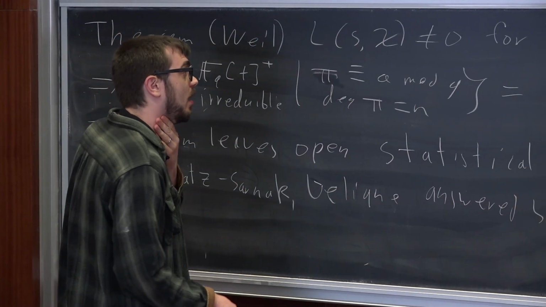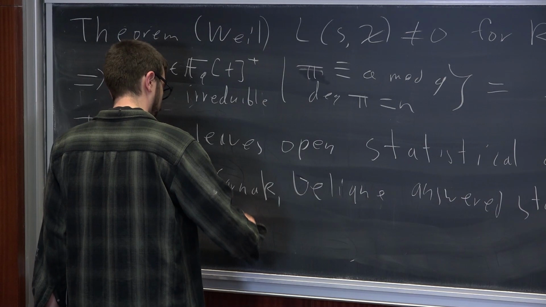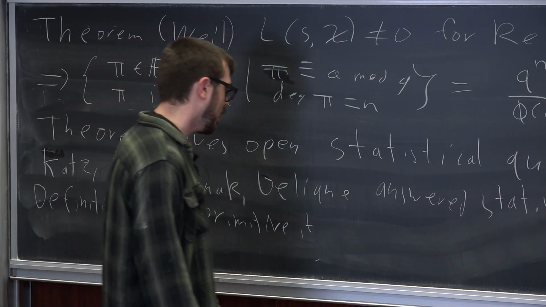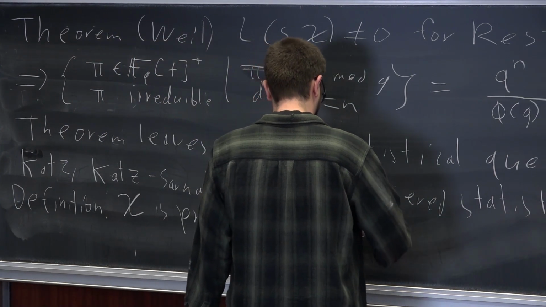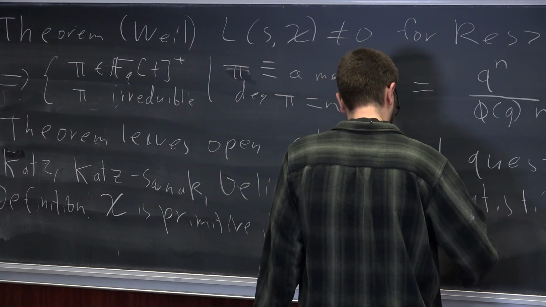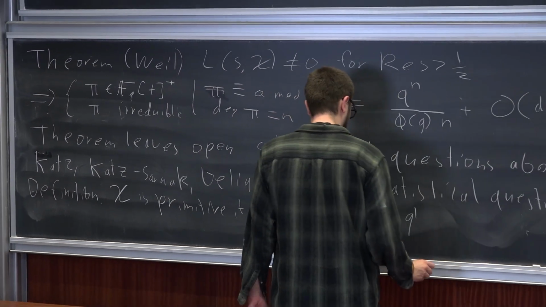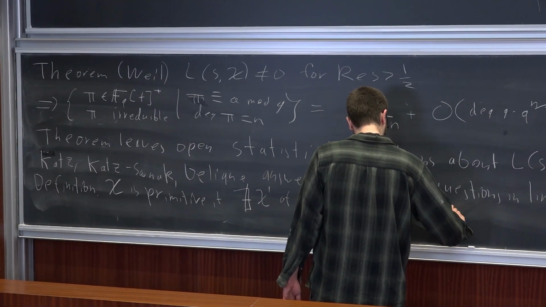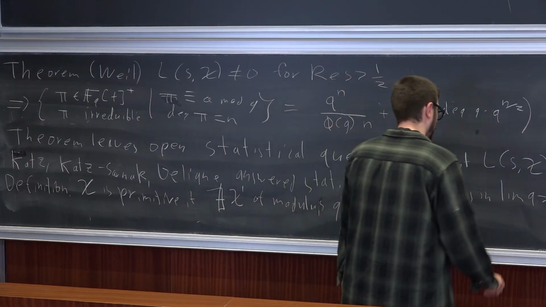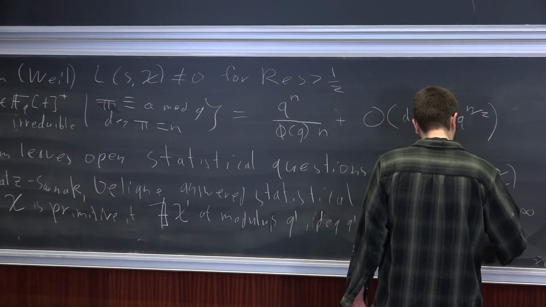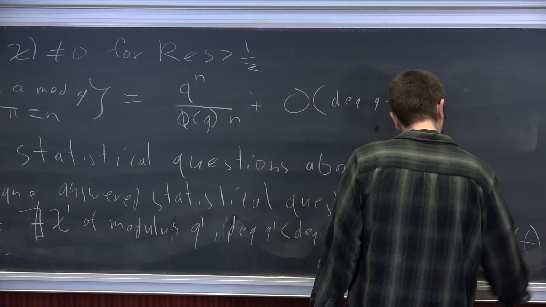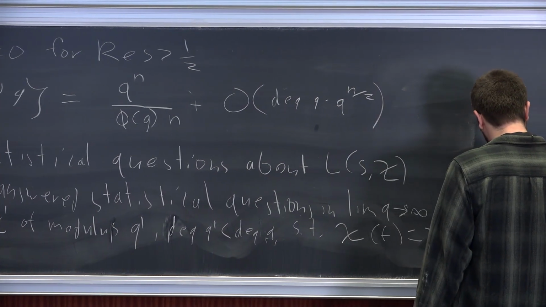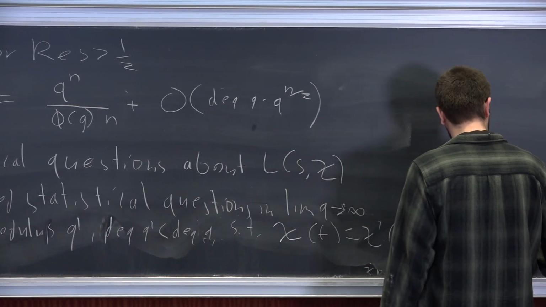We'll say that chi is primitive if there does not exist chi prime of modulus g prime, where g prime has smaller degree than g, where chi of f is equal to chi prime of f for all f relatively prime to g.